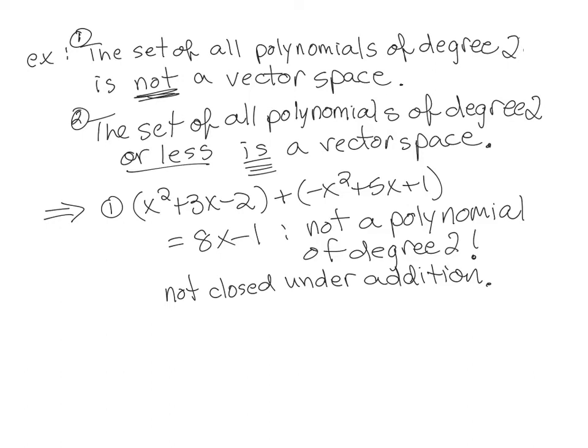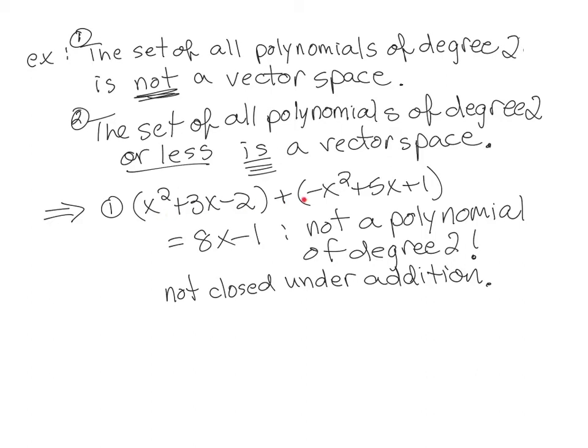Okay, what about the second problem? The set of all polynomials of degree 2 or less. If I have degree 2 or less, it is a vector space. I'm never going to end up with a higher power of x under simple vector addition or scalar multiplication.